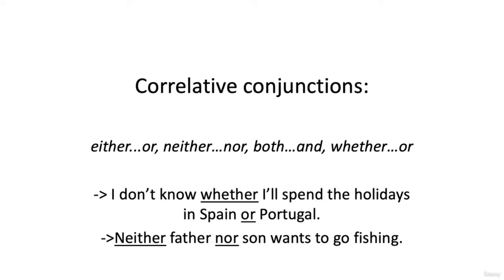Spain and Portugal are 2 proper nouns and therefore are 2 grammatically equal parts of this sentence. Neither father nor son wants to go fishing. Father and son are 2 nouns and are therefore grammatically equal in this sentence.